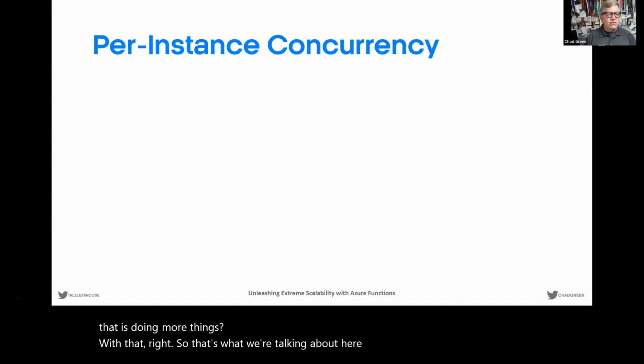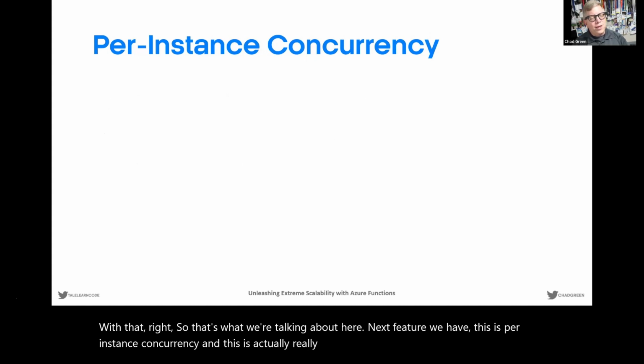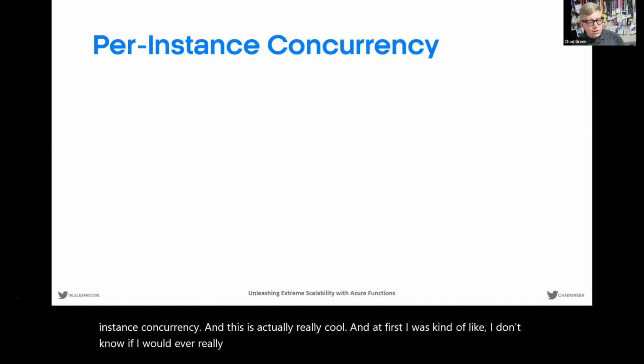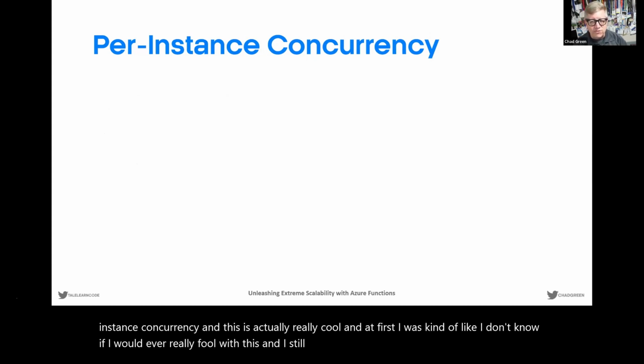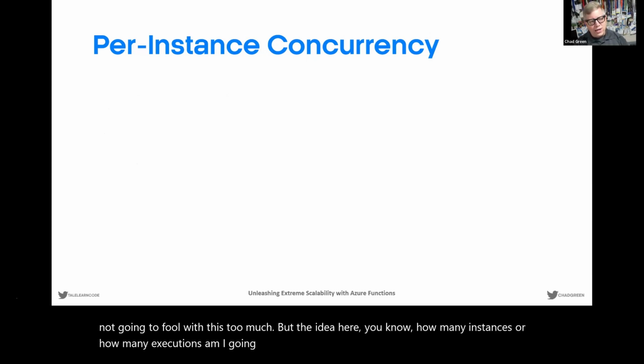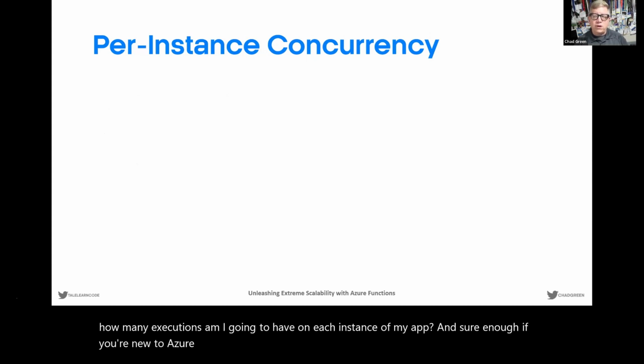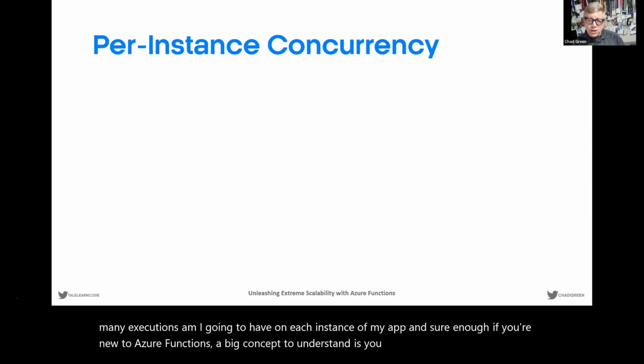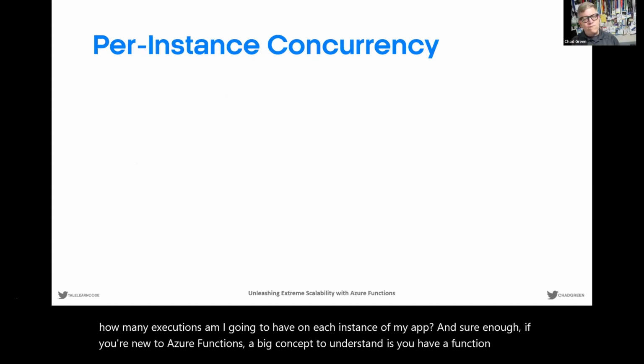Next feature we have is per instance concurrency, and this is actually really cool. At first I was like, I don't know if I would ever really fool with this, and I still pretty much tell everyone you're probably not going to fool with this too much. But the idea here is how many executions am I going to have on each instance of my app? If you're new to Azure Functions, a big concept to understand is you have a function app, which consists of one or more functions.